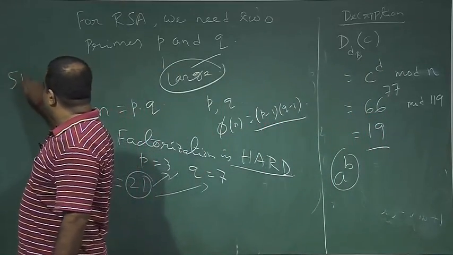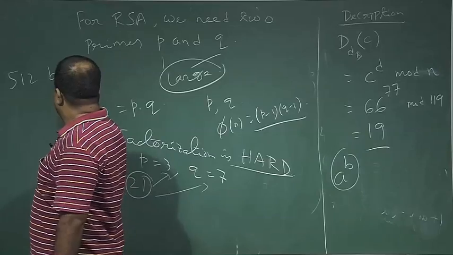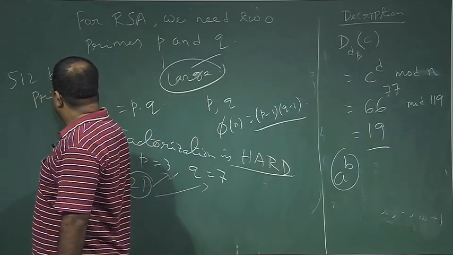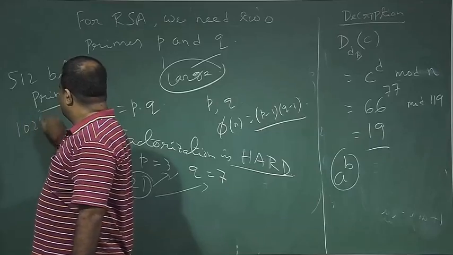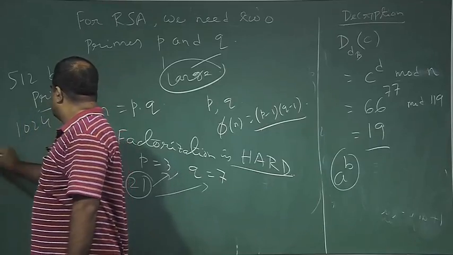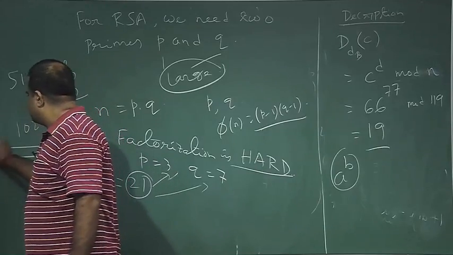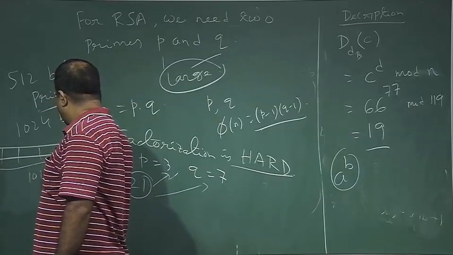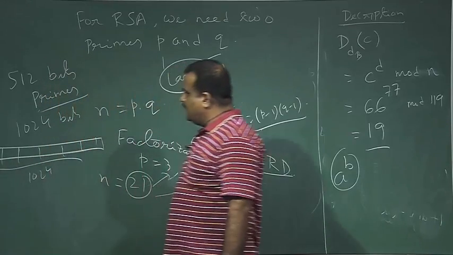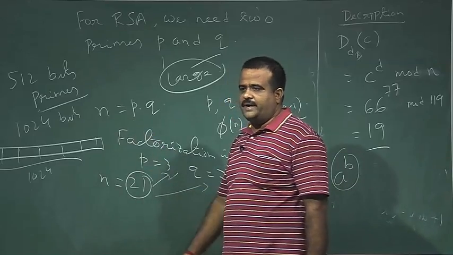Now, the question is how we can get a large prime number, say a 512-bit prime number. Each of P and Q should be this large, or even more bits. We need a number of this many bits, and it should be a prime number.